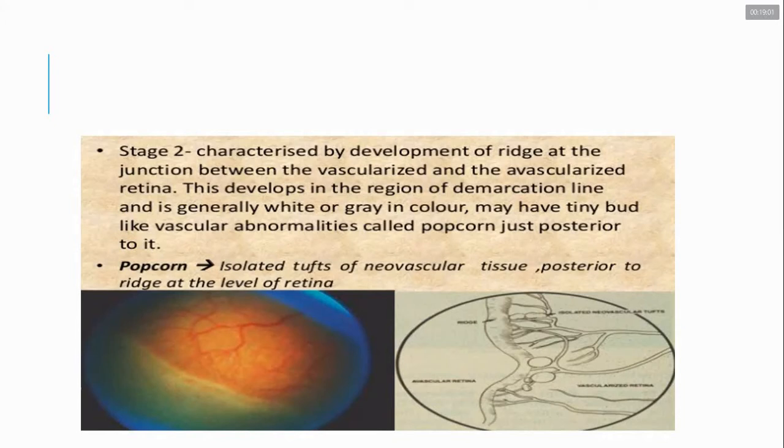So popcorn is the isolated tuft of neovascular tissue posterior to the ridge at the level of the retina. So in stage 2, you will see this ridge form and there are tufts of vessels over here. This is called the popcorn pattern of the vessels, and it is usually gray or white in color. So, ridge.